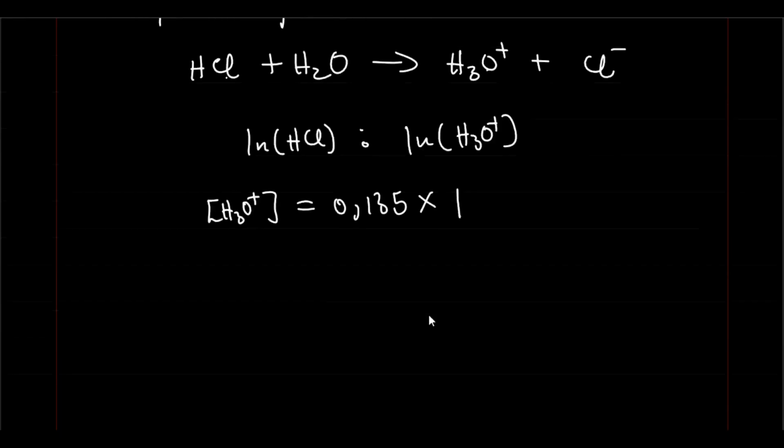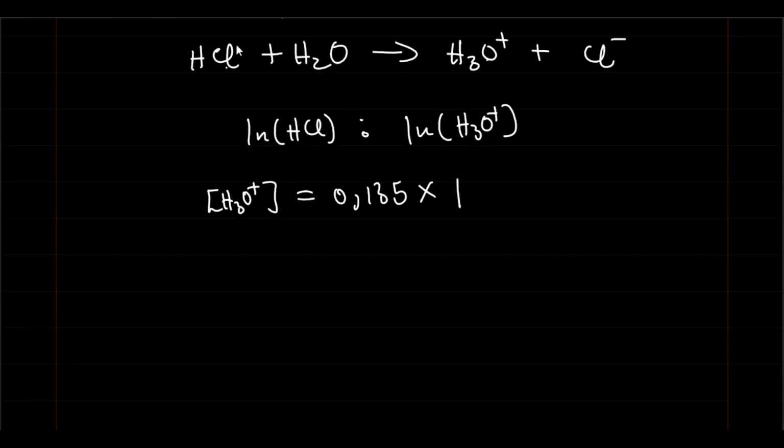For every 1 mole of HCl that ionizes, 1 mole of hydronium is formed. So 0,135 times 1, what do I have? I have 0,135 mole per decimeter cubed of hydronium ion.